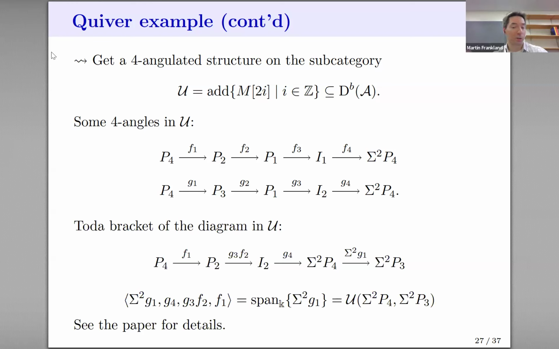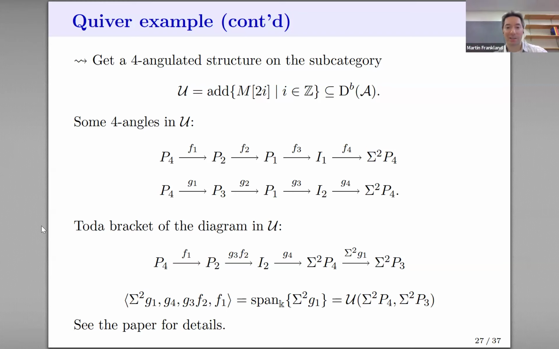In particular, you can start computing some Toda brackets very explicitly, and just for fun, we computed this one and concluded that, well, it's the whole Hom abelian group in this case. Maybe it's a bit hard to follow on slides online, but if you want to see the details of the calculation, I will refer you to the paper. We include a lot more details.